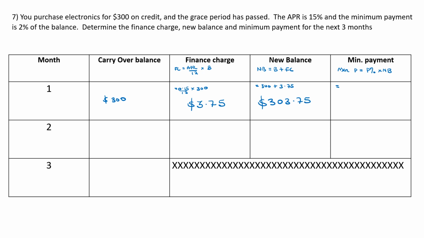And then the minimum payment is a percent. So the minimum payment here is 2% times the new balance, which is $6.08. And then the carryover balance will be the new balance minus the minimum payment.